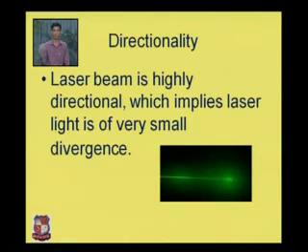From the origin, the source of your bulb, if you have a screen, as your light moves from the source to the screen, your divergence increases. So that is the divergence of ordinary light. But for the laser, your divergence is negligible. So your laser is highly directional. For the laser, your divergence is absolutely 0.